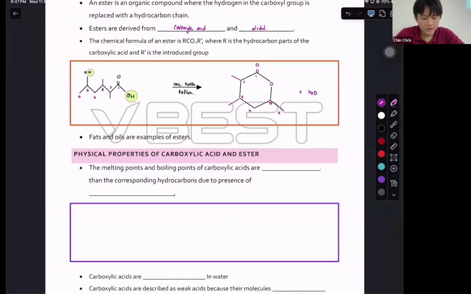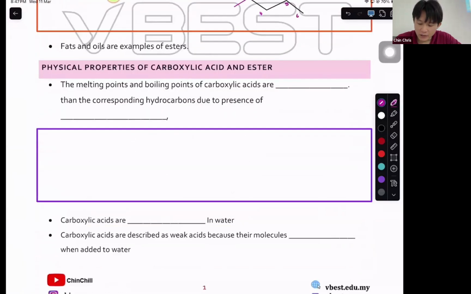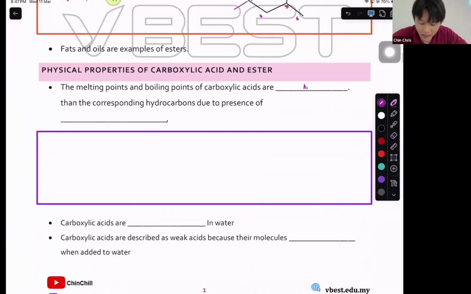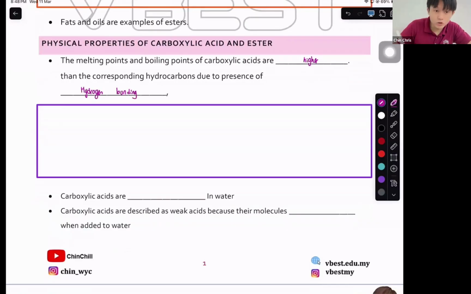Alright, guys, next. Physical properties of carboxylic acid and ester. So carboxylic acid has a high melting point and boiling point, relatively higher, yeah. Why? Due to the presence of hydrogen bonding. You guys know how to draw a hydrogen bond?